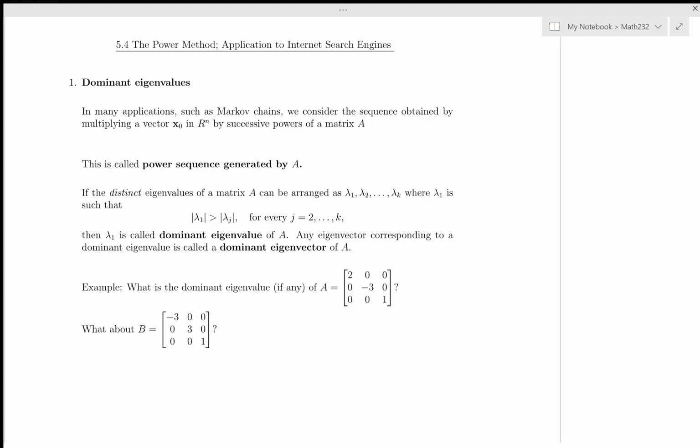Basically, you do cofactor expansion to find the determinant, so it's an n factorial problem, and then you've got a polynomial that you need to factor. That's also problematic. So we're going to look at a different way of finding at least the dominant eigenvalue of a matrix without computing a determinant.